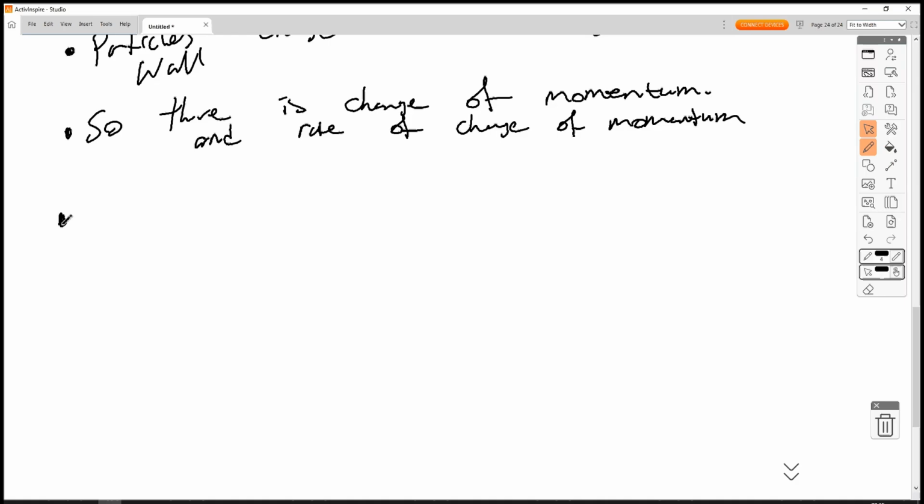If momentum has changed, then that means that the velocity of the particle has changed. So according to Newton 1, a body remains at rest or constant velocity unless acted upon by a resultant external force. So in this case, if velocity has changed, that means there was a force. And according to Newton's second law, force is the rate of change of momentum.